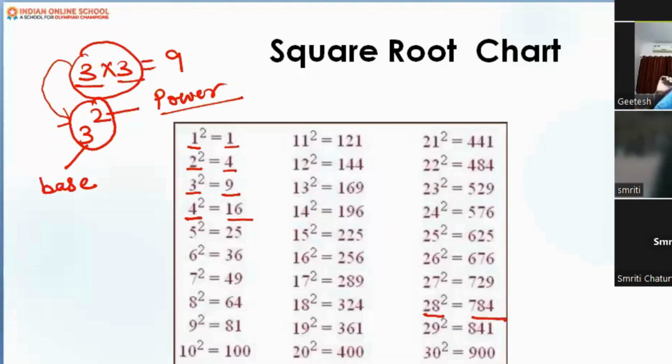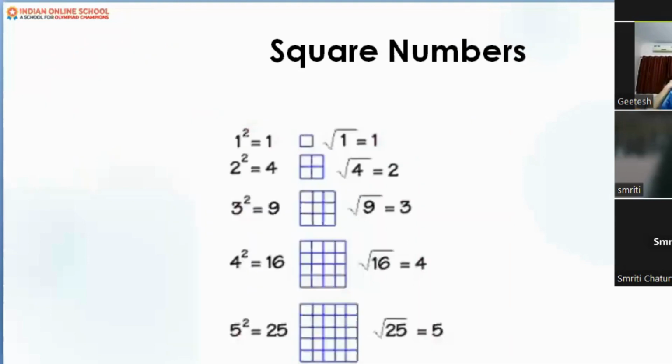Now, if I'm finding the square of 3, I get 9. Can you tell me what this 9 is known as?